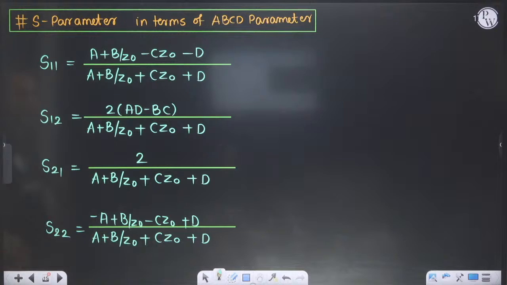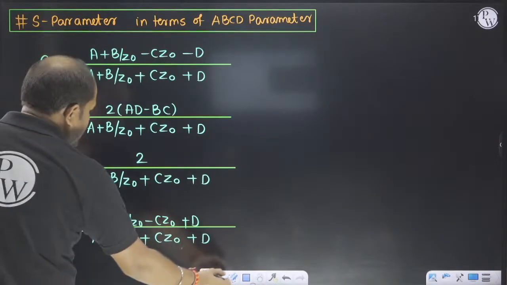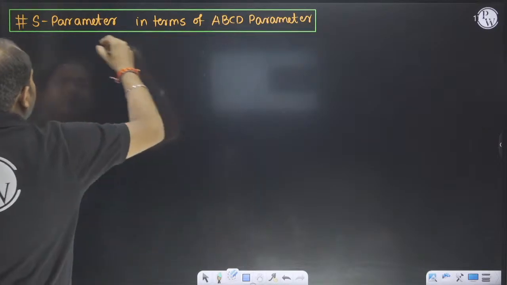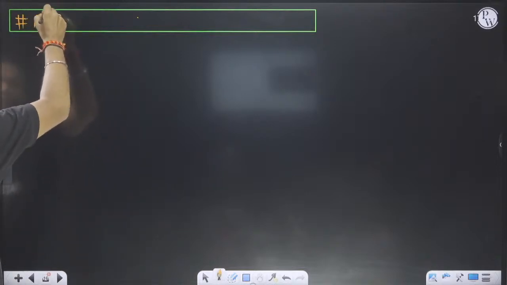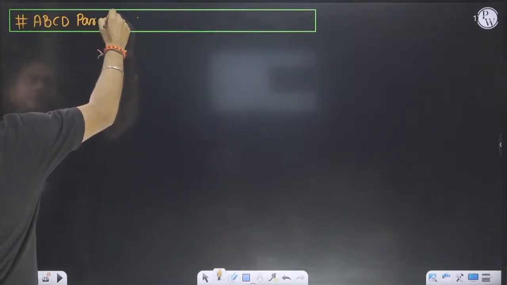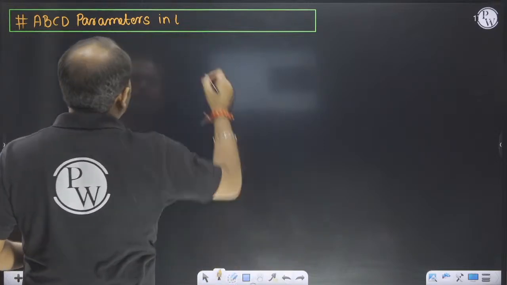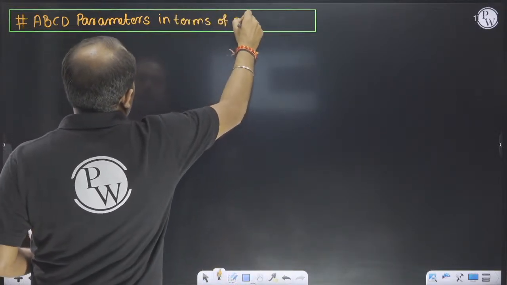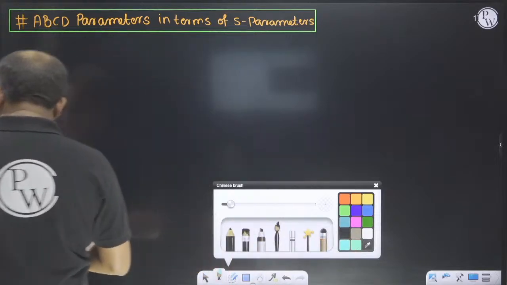It is a very important formula. You have to remember this formula.